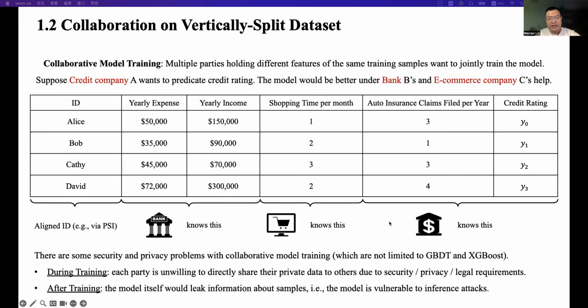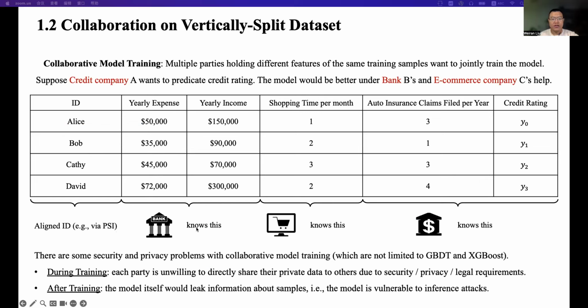In many scenarios, multiple parties holding different features of the same training samples would want to jointly train the model. Suppose credit company A wants to predict credit rating. The model would be better with bank B and e-commerce company C's help. Let's assume that bank B, e-commerce company C, and credit company A all have some features for the same individuals with aligned IDs.